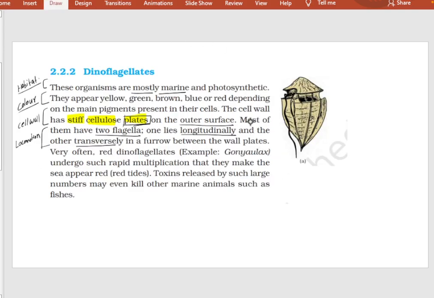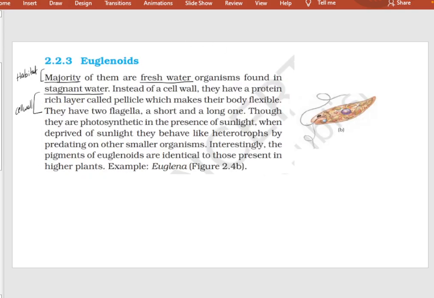One is a short flagellum and the other is a long flagellum. This is about locomotion.